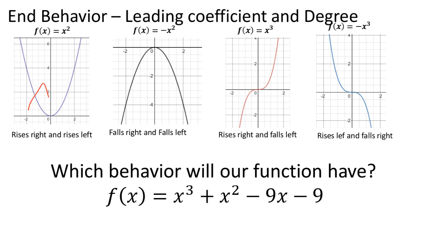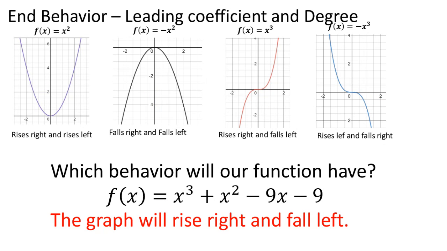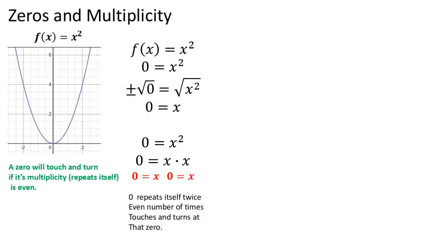Is it going to be like A, B, C, or D? It's going to be more like C, right? Because it has an odd degree and it's positive, so it's going to act this way. So our behavior for our graph is that it rises right and falls left.